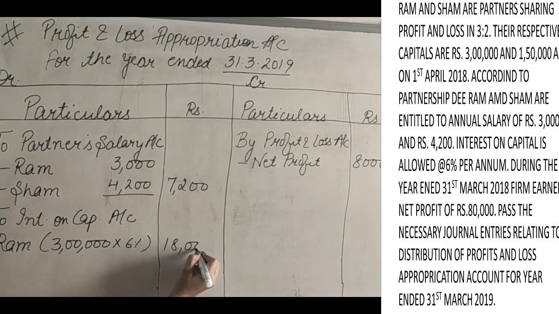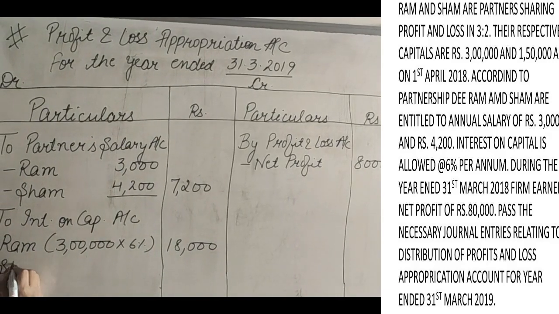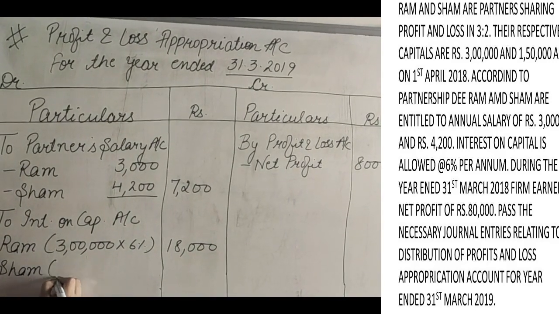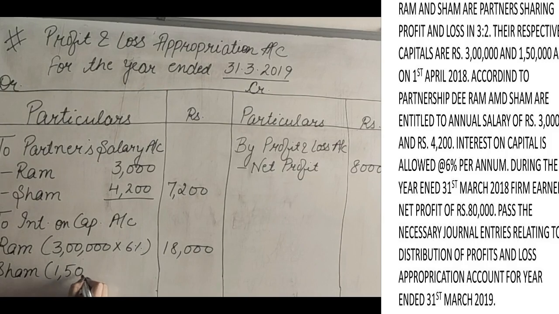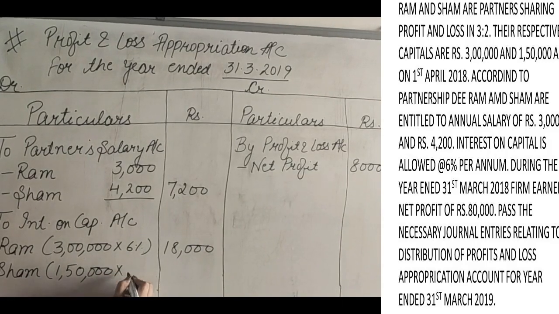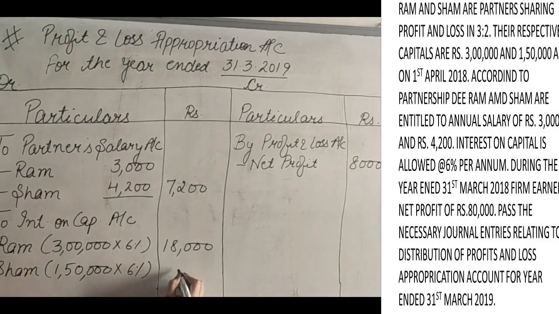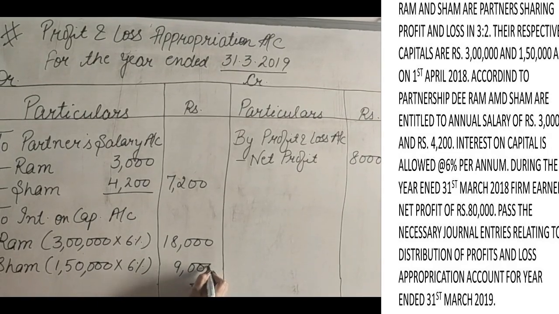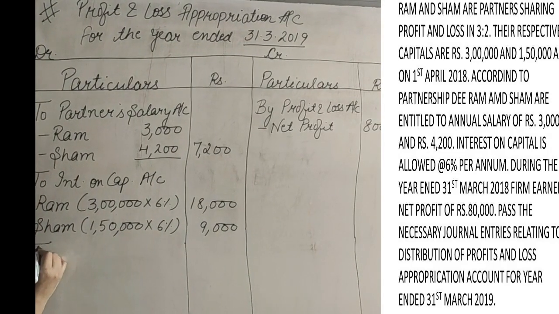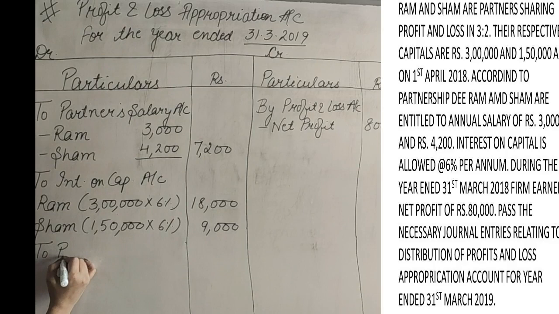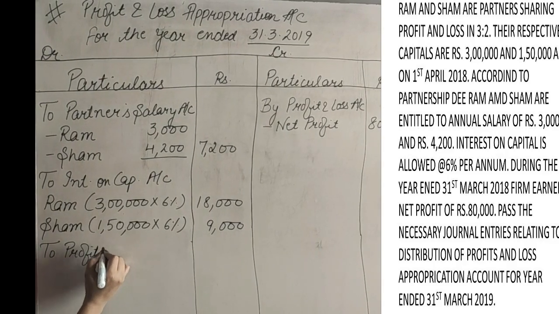Ram's capital rupees 3 lakh multiplied by 6% is equal to 18,000. Shyam's capital is 1,50,000 multiplied by 6% is equal to 9,000.